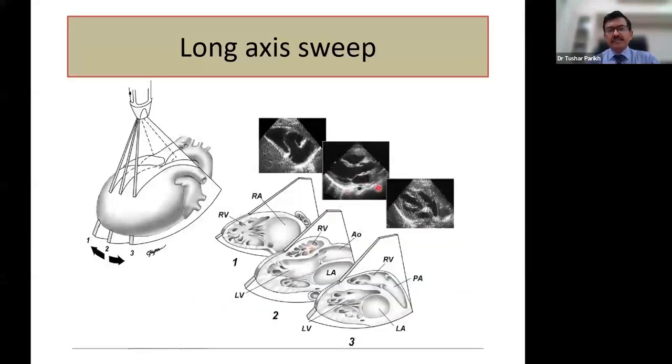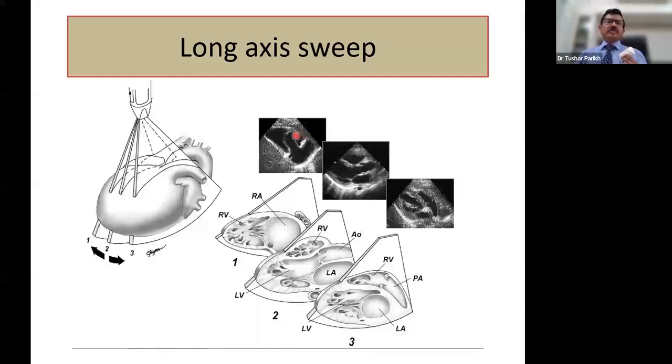The central image is the midline image, where you are able to see the left ventricular outflow tract. So this is LA, LV and LVOT. And once you do a medial sweep, you have put it here on the chest and you do the medial sweep, you will be able to see this particular image, where this is the right atrium, tricuspid valve, and this is the right ventricle.